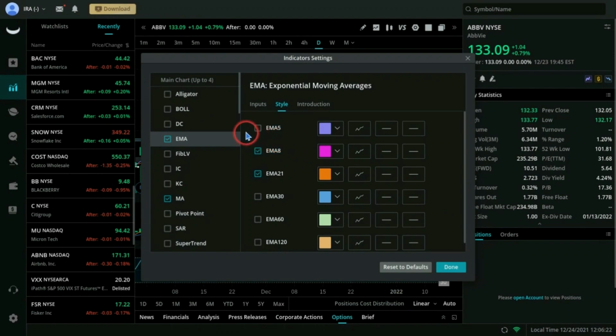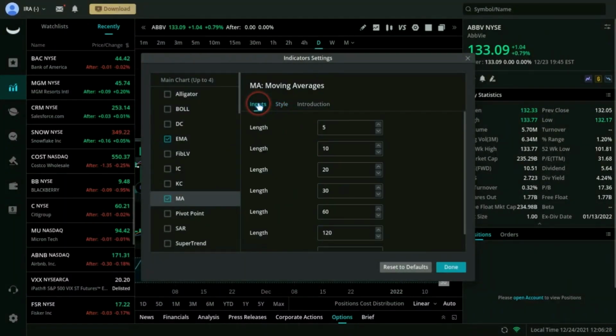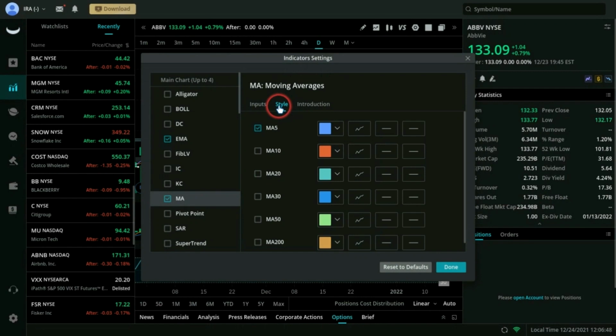Okay, we got that. Now we're going to come back over here to the left and select MA. Select inputs. And as far as the MA, we'll be using the 20, the 50, and the 200. So we already have 20 here. Want to change this 60 to 50. Change 120 to 200. Come back up here to style. Gonna uncheck that.